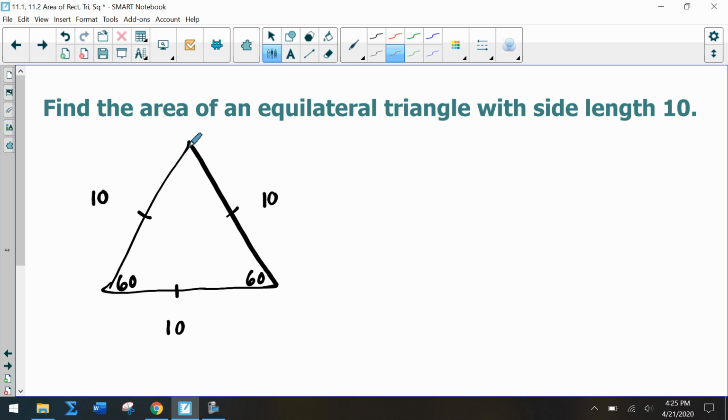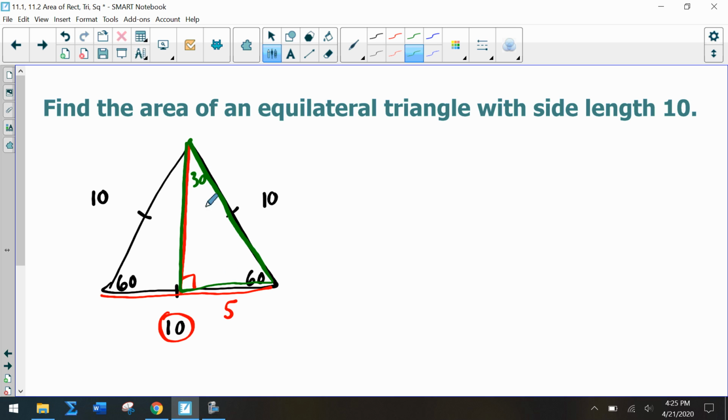So for this problem too, if we drop an altitude down, we know that our whole base is 10. But since this is isosceles and equilateral, 10 split up, we have 5. So we have a 5 here and a 10 here, but this angle is 60, which makes the angle across from it 30. So we have a 30, 60, 90 right triangle.